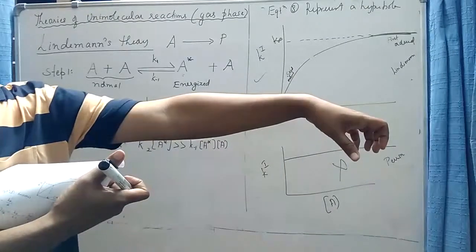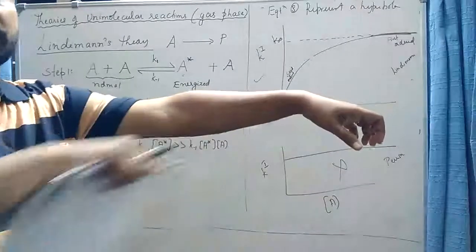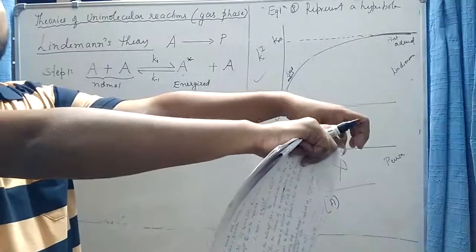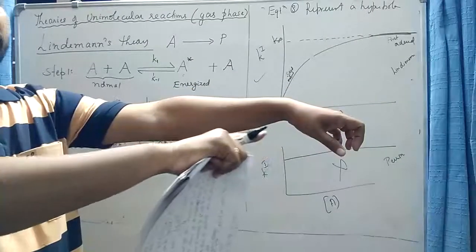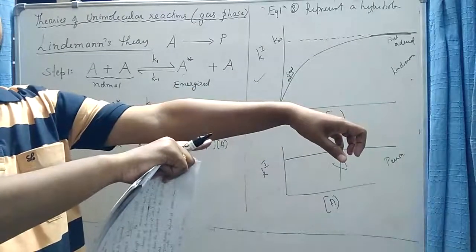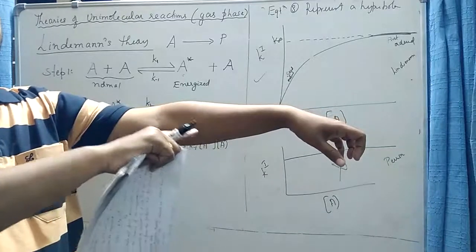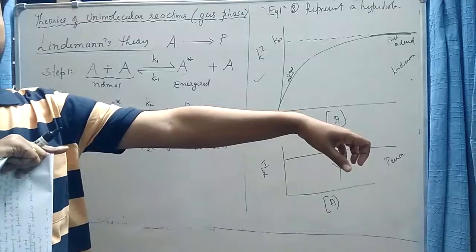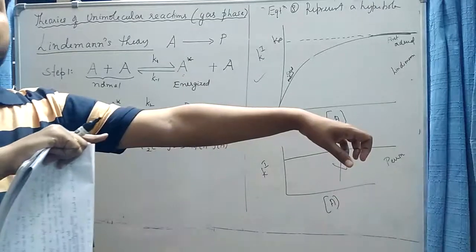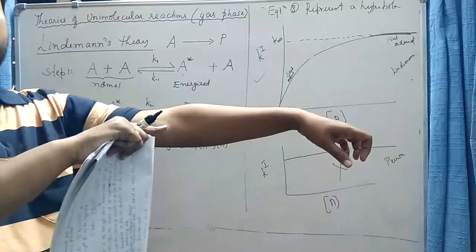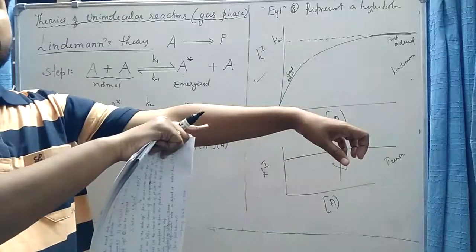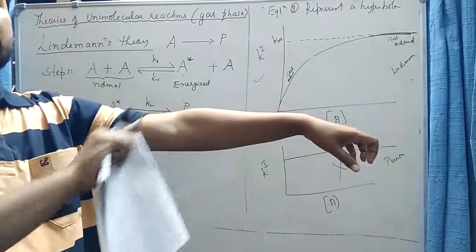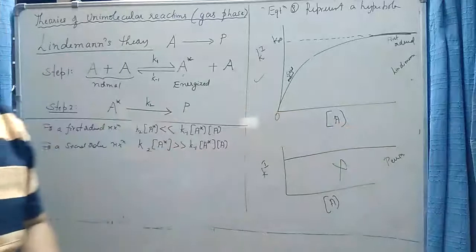As I vary the concentration from here to here, here it is first order. When I move here, there is a particular concentration of A where first order becomes second order. Or if I move from the other side, where initially the reaction is second order, as I move towards first order, there is a particular concentration of A where the reaction transitions from second order to first order.